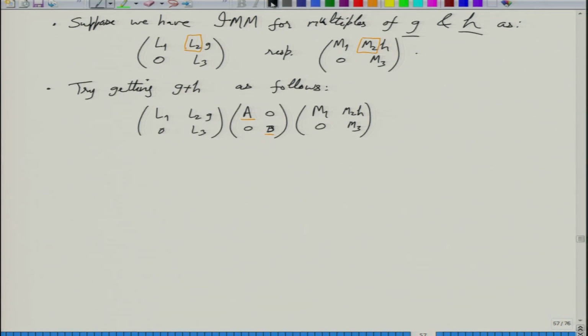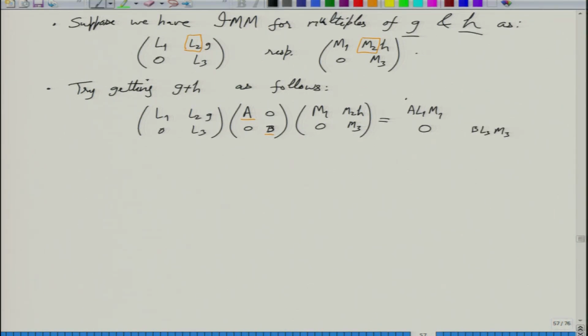So let us look at this product. What is this product? Let me directly write it. It is just L1 M1 gets multiplied with scaling. This 0 remains, because you're only multiplying upper triangular matrices, so you will get an upper triangular product. L3 M3 gets scaled.